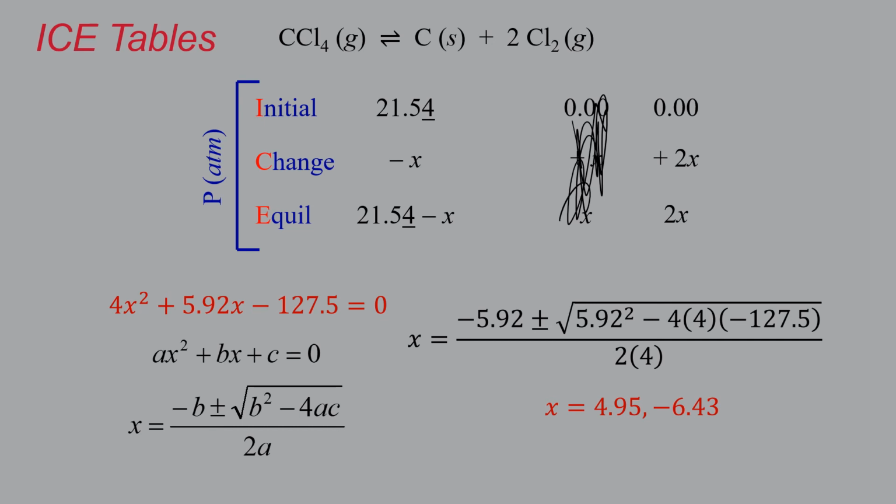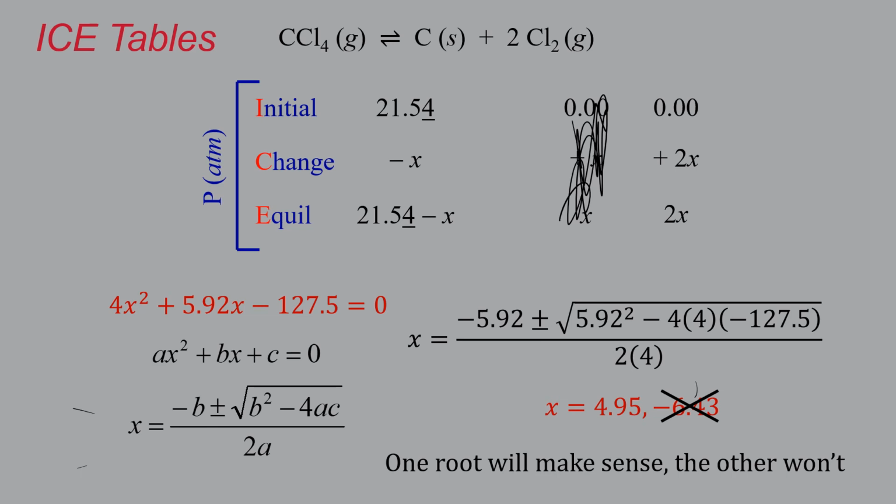Now in this case, we can discount one root, because one root makes sense, the other one won't. We can discount the negative 6.43 because that would give us a negative pressure for the chlorine, which we don't want. And so the 4.95 gives us a positive pressure of chlorine and also a positive pressure of carbon tetrachloride.